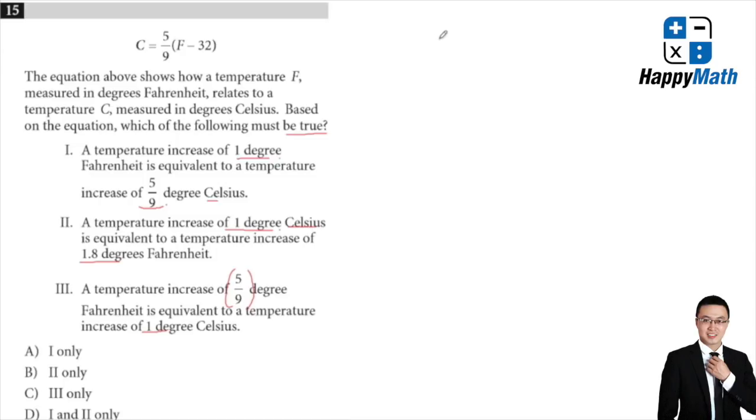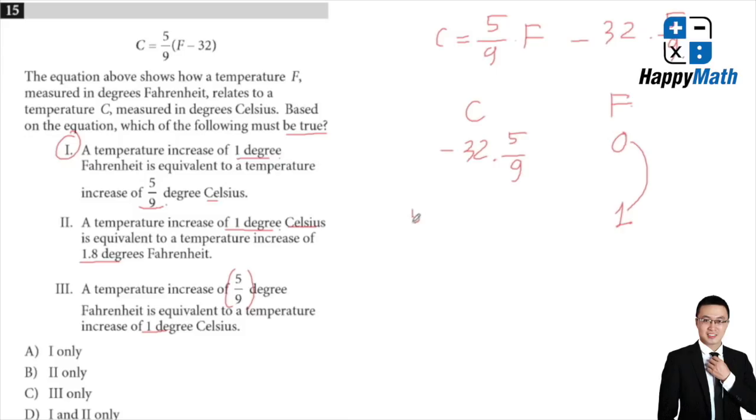Okay, so I want to rewrite this one in terms of C, minus times 5/9. So I will compare C and F. For step 1, increasing 1 degree of Fahrenheit. So to start with 0, when Fahrenheit equals 0, you get C equal to, quite easy, substitute 0 for F. So when F increases by 1 degree, F will change to 1.